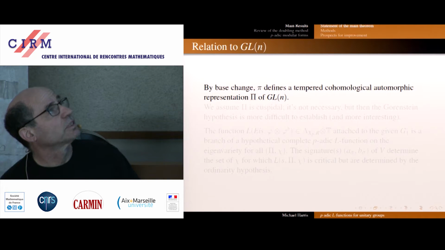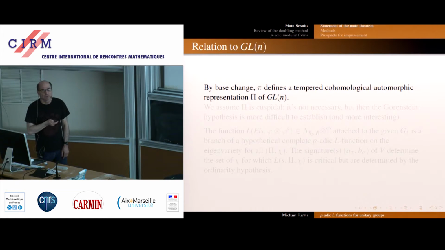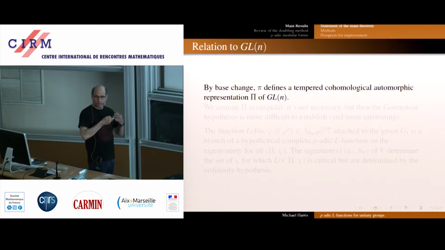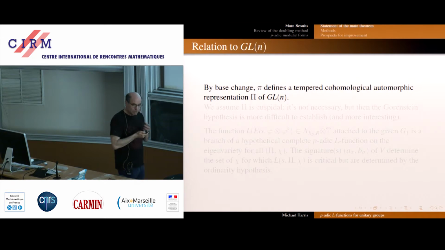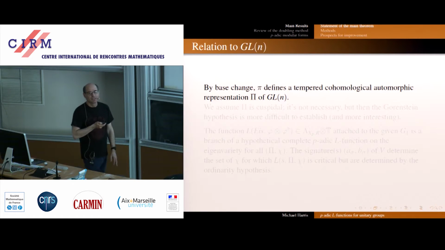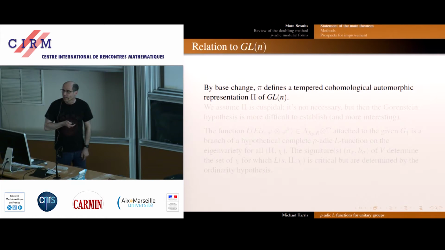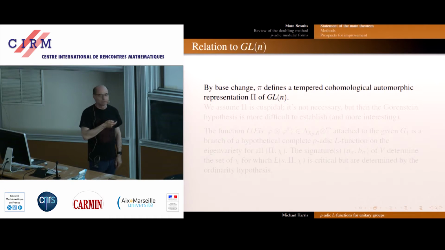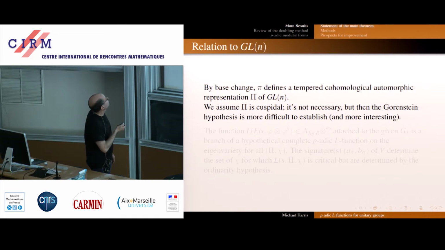Okay, so if you don't care about unitary groups, and there's no reason to have a special fondness for unitary groups, but GL_n is something that everybody can appreciate. If you take a twisted base change, you get a tempered cohomological automorphic representation of GL_n.